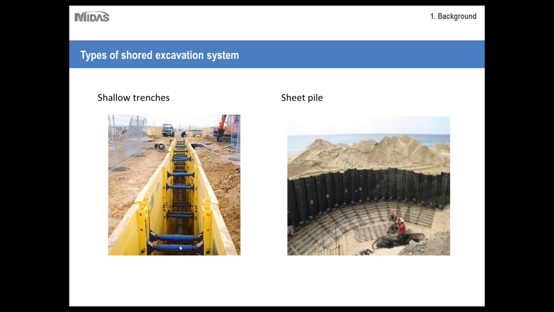So we have these kinds of shallow trenches supports that are applied at close intervals. Then we are all familiar with sheet pile, which is very thick corrugated metal plate which is tied with each other in the transverse direction to form a wall. So this is called a sheet pile.